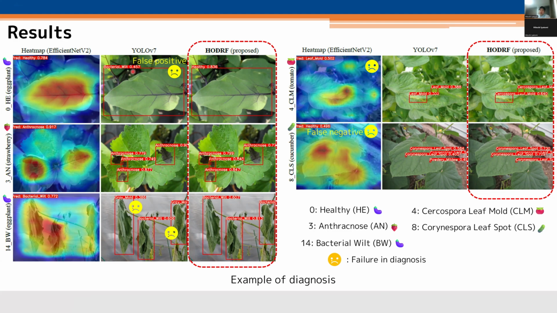This is a common tendency of false diagnosis, a false positive, due to one of the limitations of object detection models. And here is a cucumber infected by corynespora leaf spot. So the CNN overlooked the symptom and recognized it as healthy. But the proposed method successfully identified the disease type correctly in all these cases.